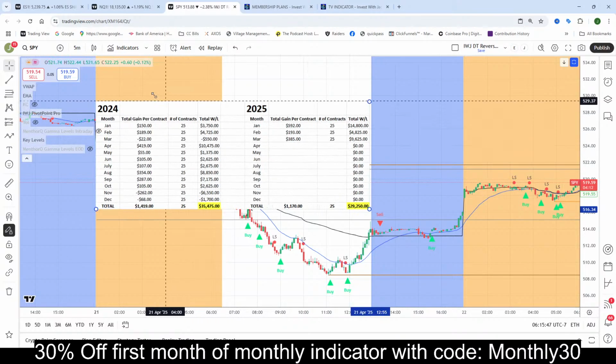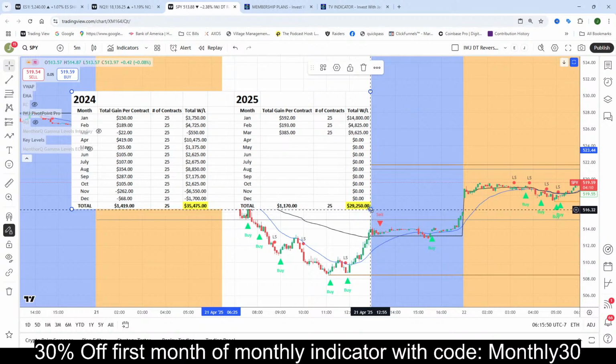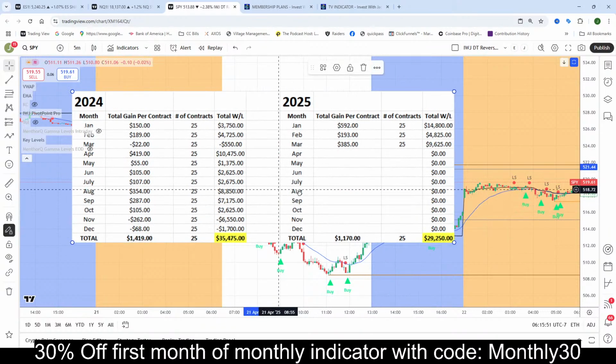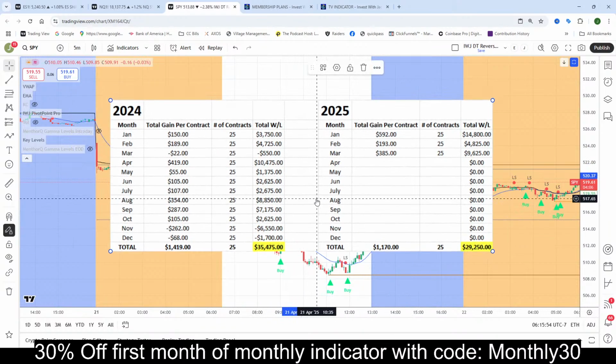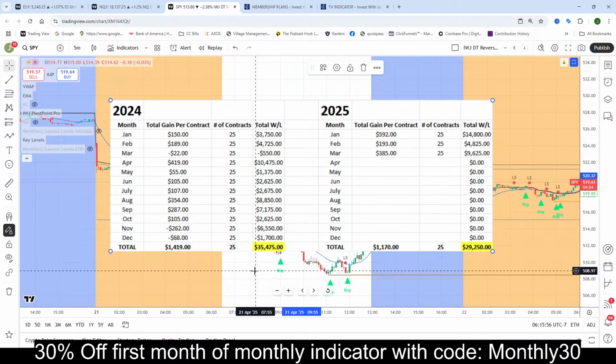And what I want to iterate here, very important, guys, very, very important. This is not a get-rich-quick scheme. This is not some kind of scammy, oh, you're going to make $1 billion because you have my indicator. This is trading at its finest.